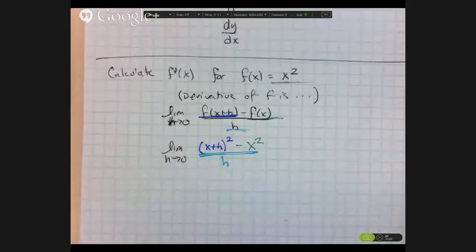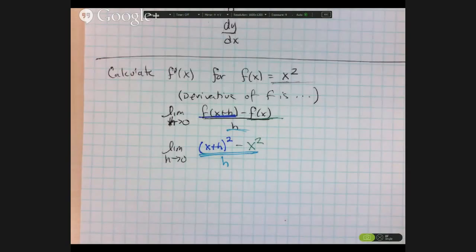So all you're doing is substituting values in the function. If I ask you what's f of 5? 25, you just put 5 squared, right? Now we're just putting letters in.